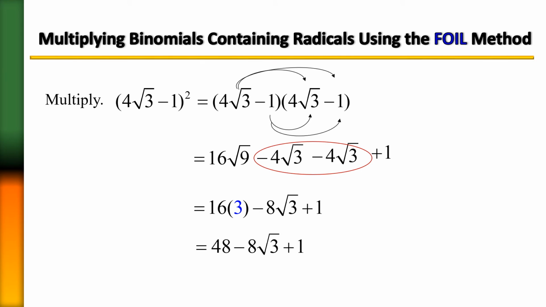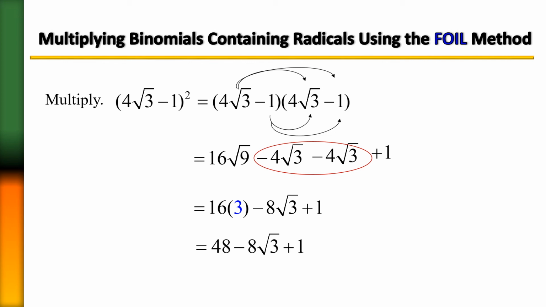And be careful. Remember, this is that area that you need to be very cautious with. No, you are not going to subtract 48, take away 8. That would be incorrect. You cannot combine integers with radicals, but you can combine the first and the last term, 48 plus the one that's in the back.